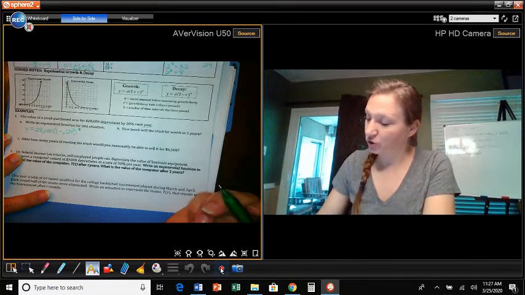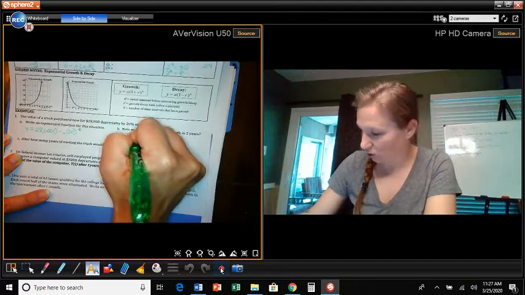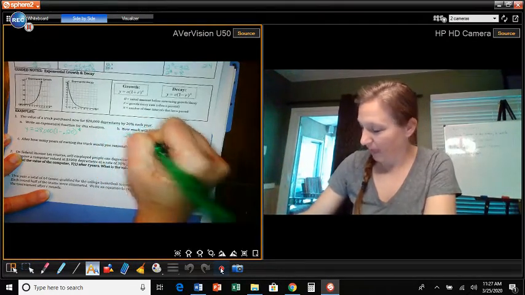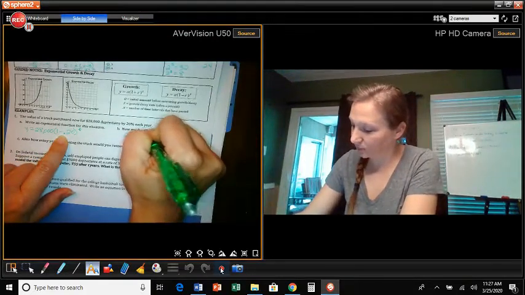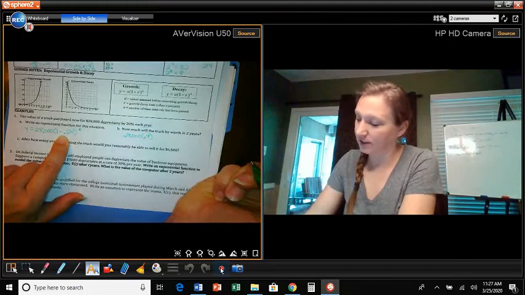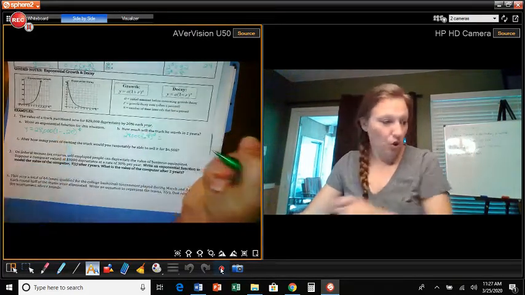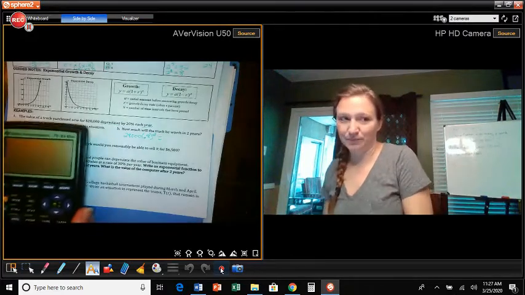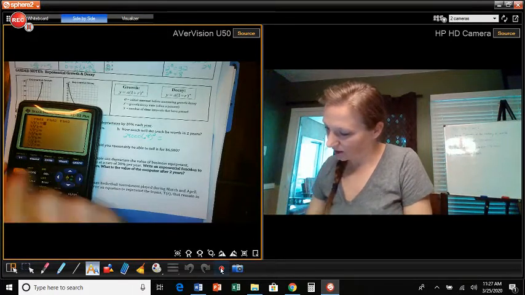How much will the truck be worth in 2 years? So what you're going to type into your calculator is 28,000, and 1 minus 0.2 is 0.8, so I can go ahead and simplify that to make it easier to type in the calculator. And then 2 is going to be the exponent. So go ahead and type that into your calculator. I only have an old school calculator at home, but you may have something else.